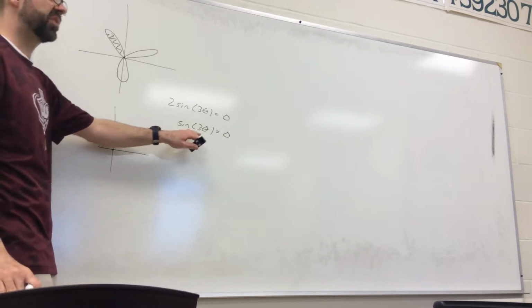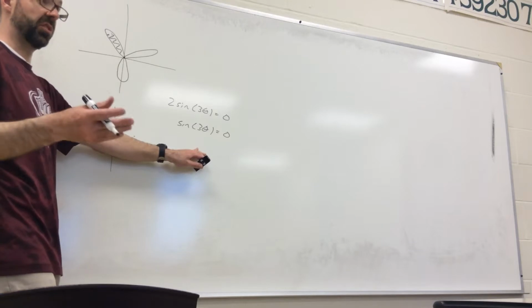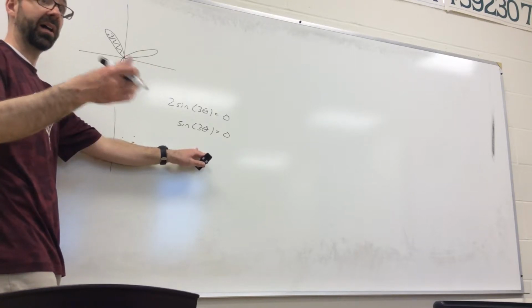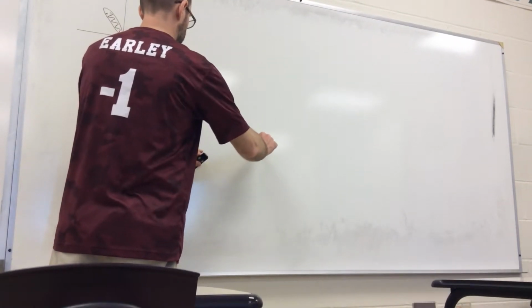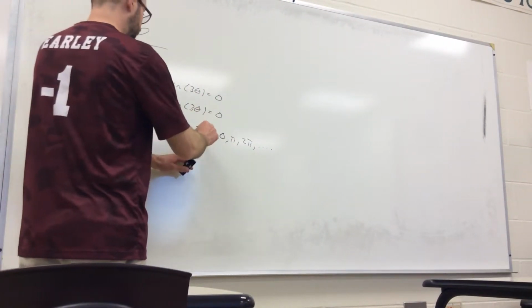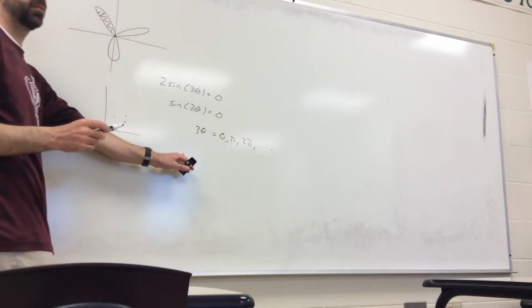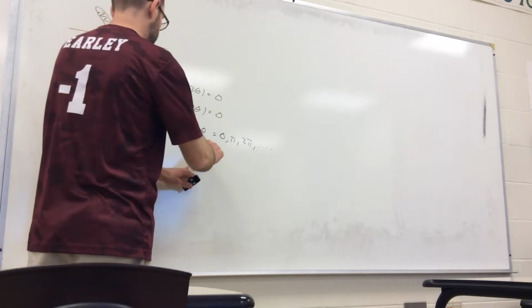So we're trying to figure out when the sine of an angle is 0. That happens at 0 and pi and 2 pi, etc. And so we want to know when 3 theta equals that. Then you divide both sides by 3.